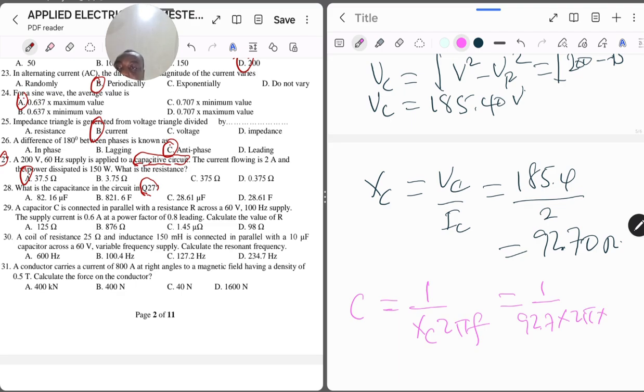Frequency is given in the question, which is 60 hertz.